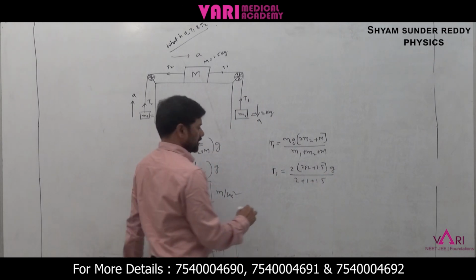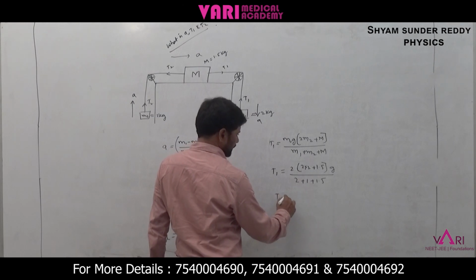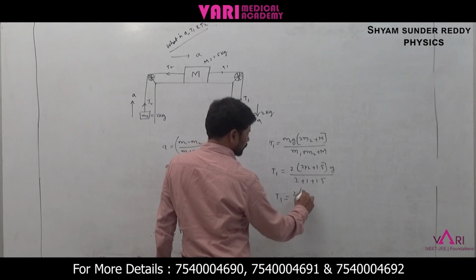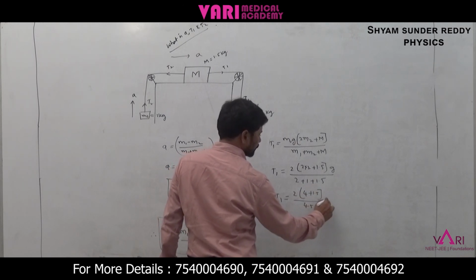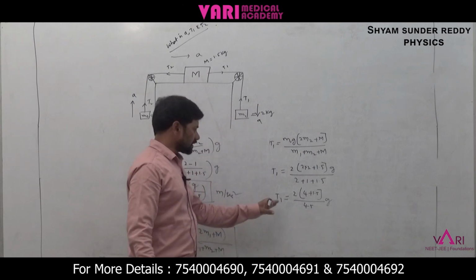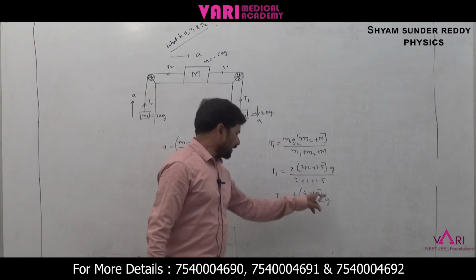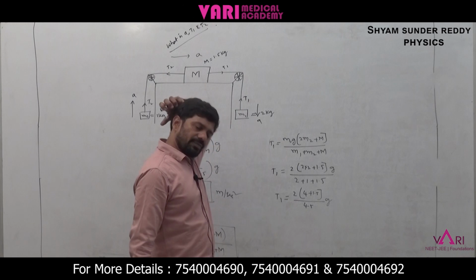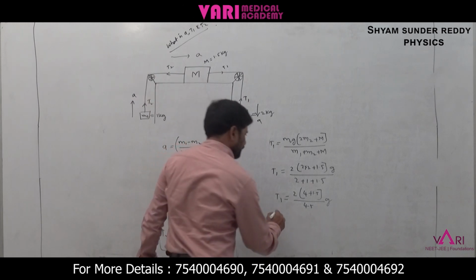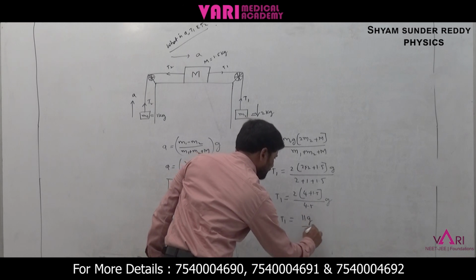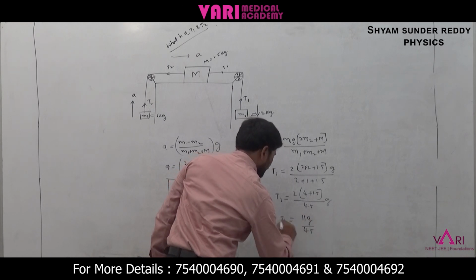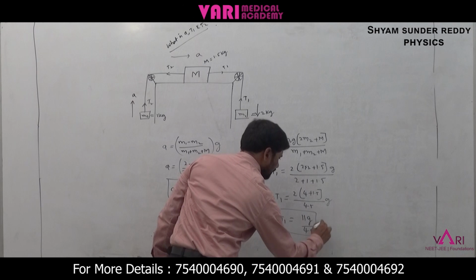So T1 is equal to 2 into (4 plus 1.5) by 4.5 into G, and 5.5 into 2 is nothing but 11. So T1 is equal to 11 G by 4.5 newtons.